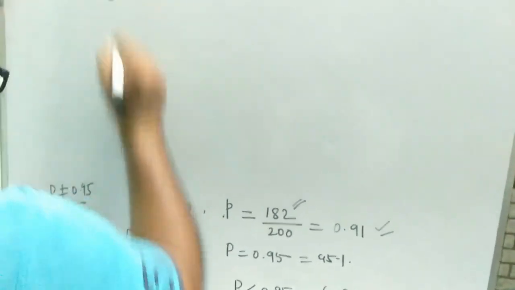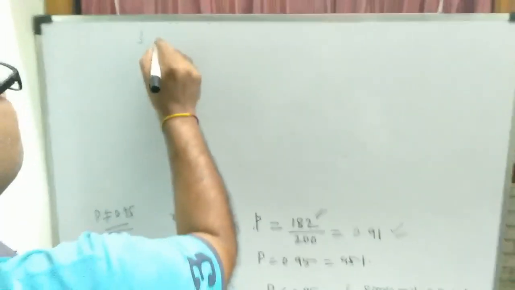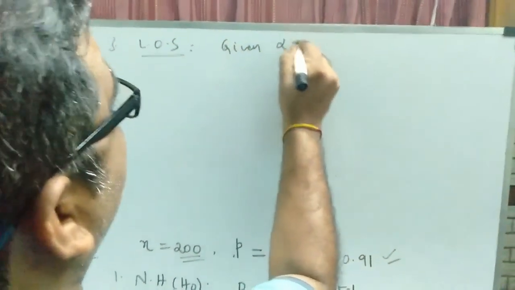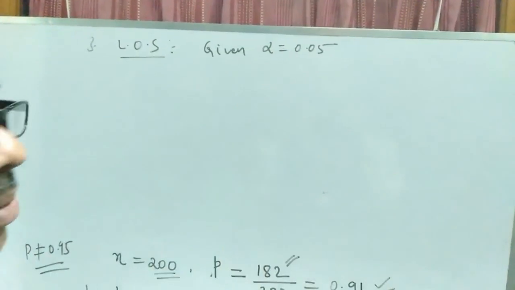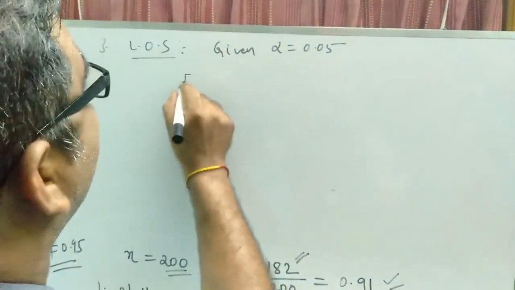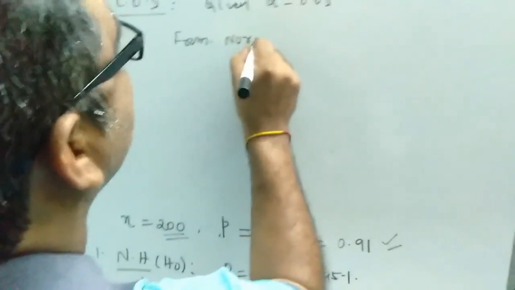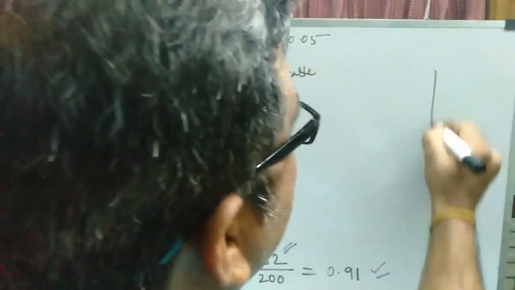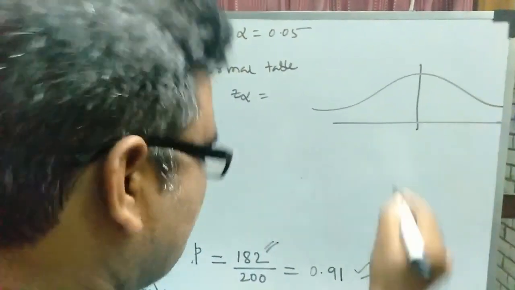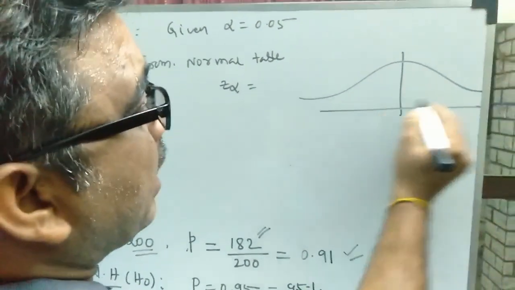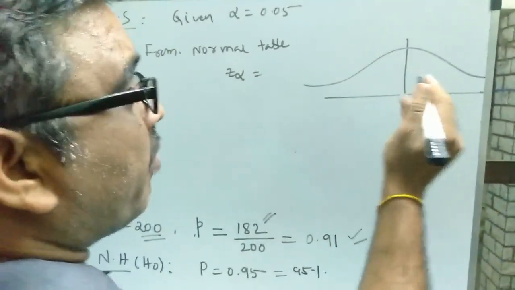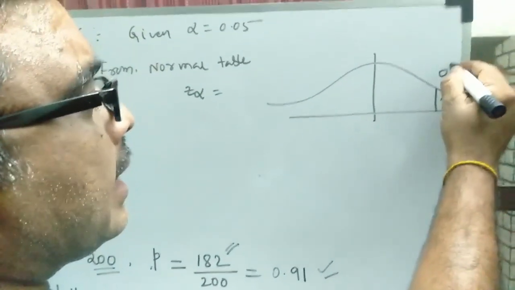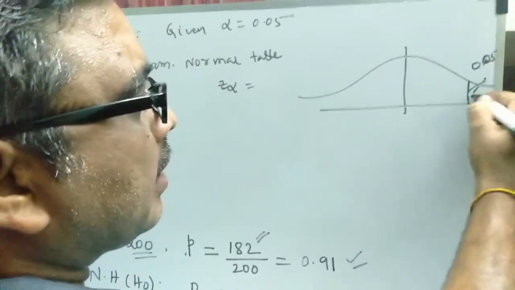Now come to the third point. This is the first point, second point, third point: you have to choose the level of significance, already given. So what is given? Given alpha is equal to 5%, 0.05, and from normal tables, Z alpha for a single tail test, for P less than 0.95, the entire 0.05, 5%, will be on only one side.